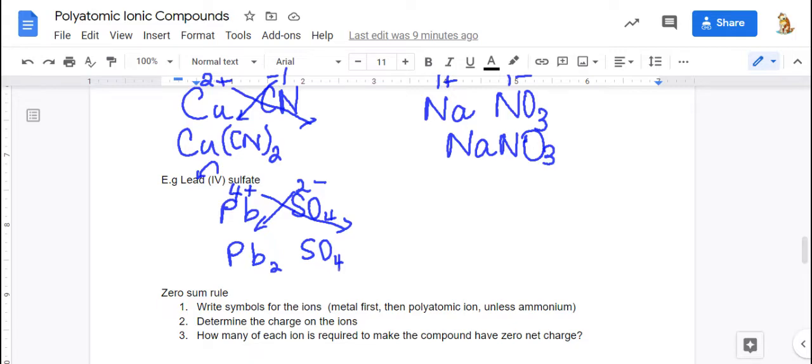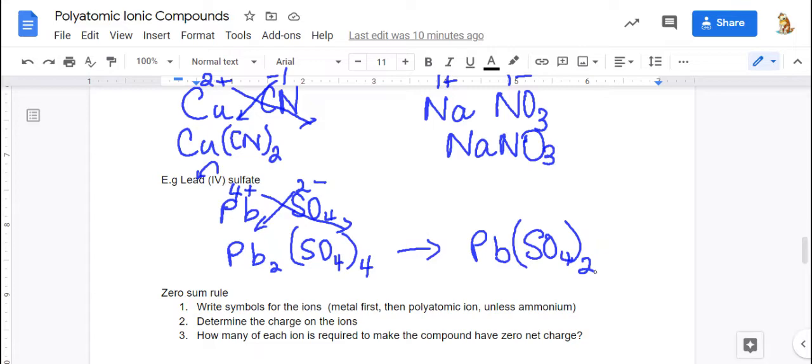It's part of the formula for sulfate. And then we have to put brackets around it because there's a subscript 4 that's come down. So you can reduce this, divide both subscripts by 2, so it becomes PbSO4 bracket 2. So this is how you do the cross and drop writing formulas for ionic compounds.